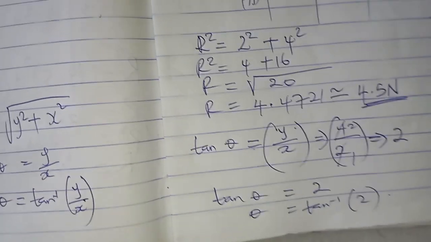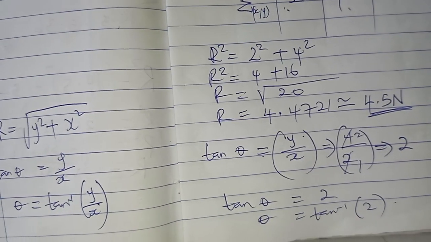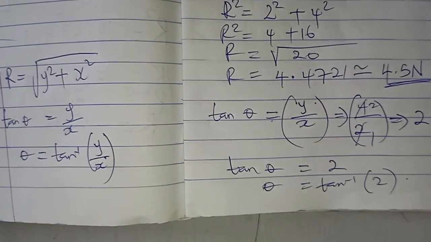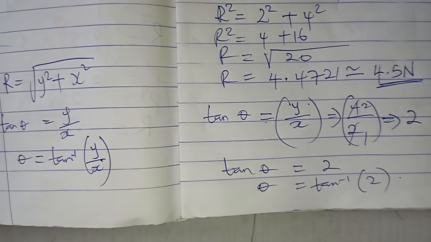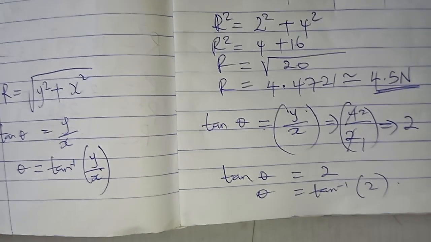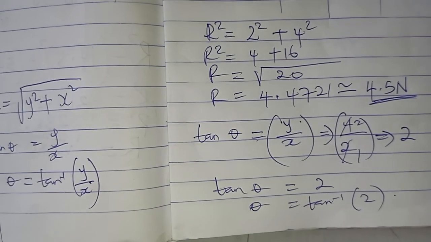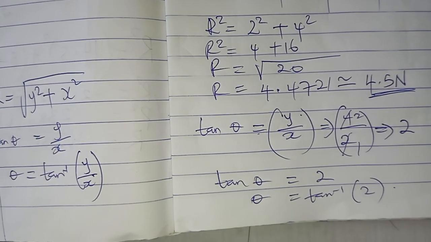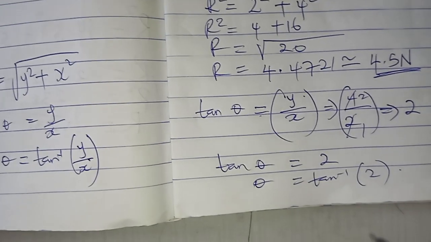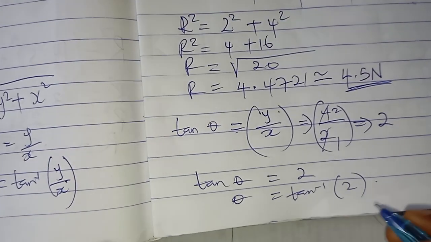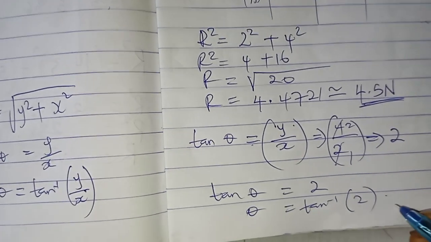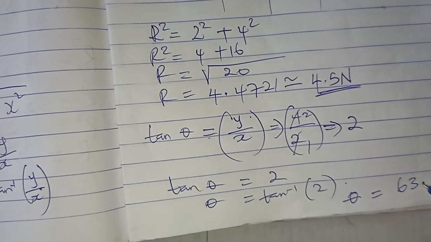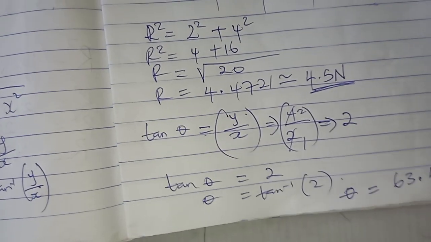So let's see what we have. For tan inverse of 2, we have theta to be equals to 63.4 degrees.